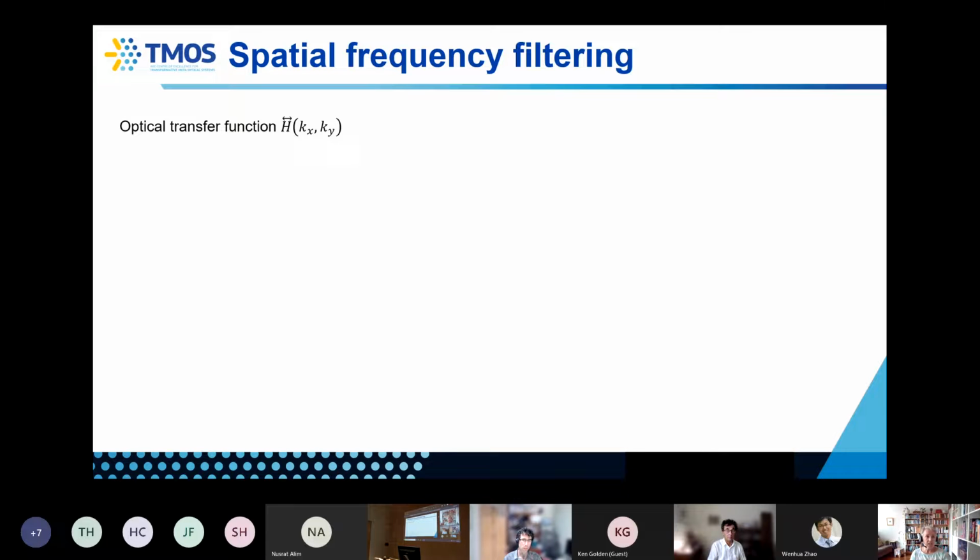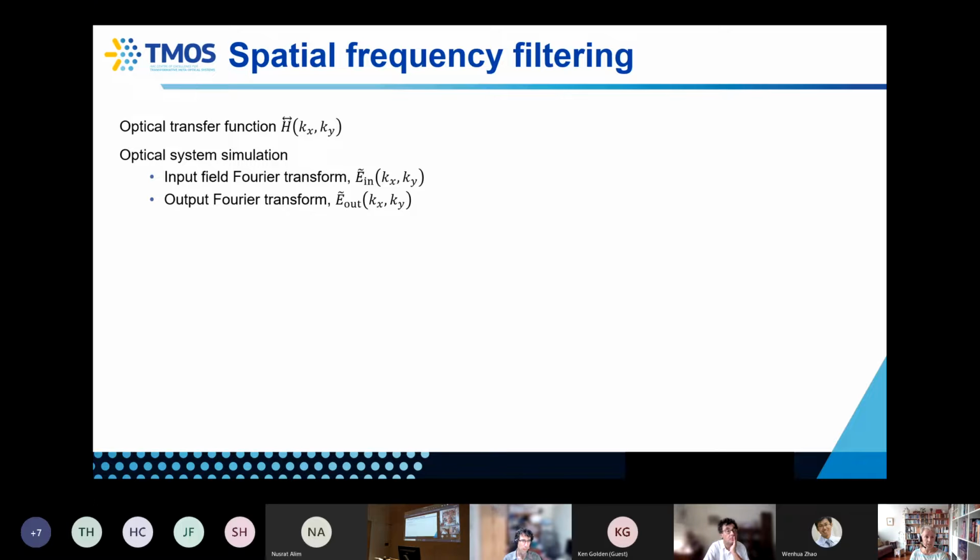So let's take a minute to have a look at what is actually happening in terms of imaging in the spatial frequency domain. So this is in Fourier space. If we want to describe the behavior of an optical system in Fourier space, we describe it in terms of the optical transfer function, which is a function of spatial frequency.